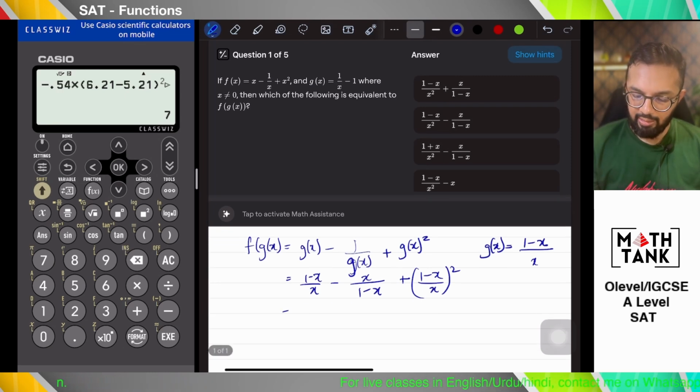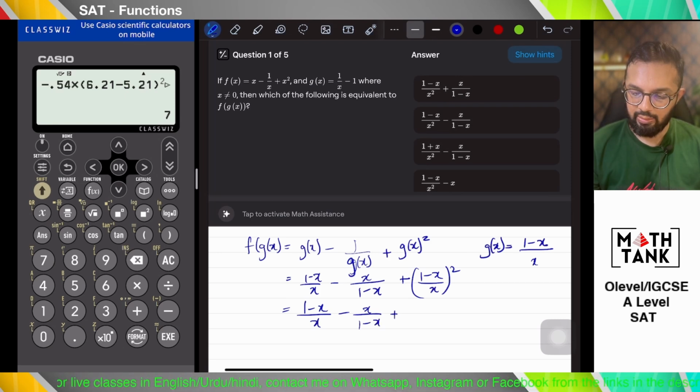Okay, I will have to simplify this. Minus x squared over x squared.